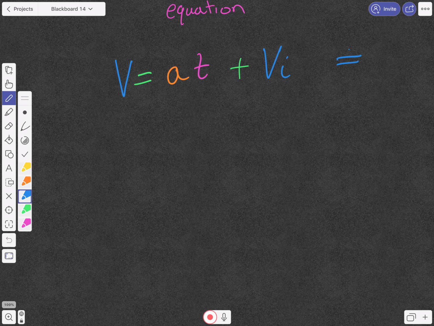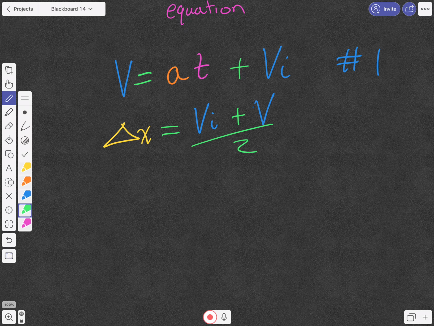This was number 1. Now our second equation was delta x is equal to our velocity initial plus our current velocity, divided by 2, and that whole thing was multiplied by t. And this was our equation number 2.